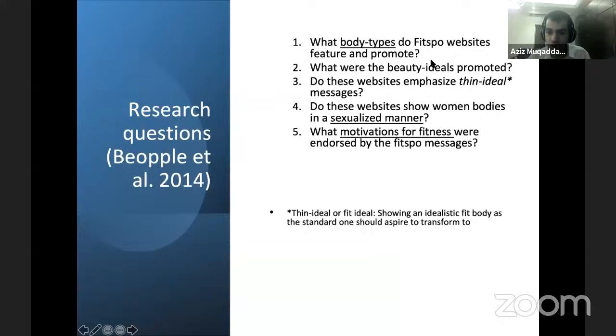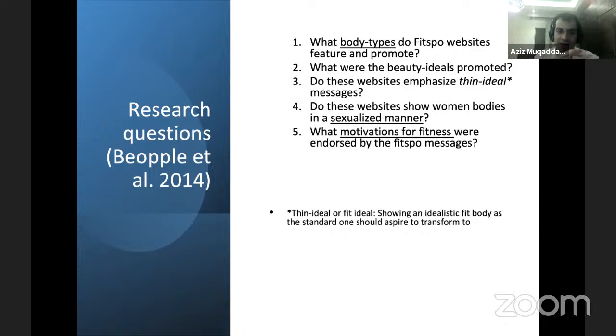And then the research questions that the authors had were the following. They had 5 research questions. So what body types do Fitspo websites feature and promote, right? So about body types. What beauty ideals were promoted? Do these websites emphasize thin ideal messages?